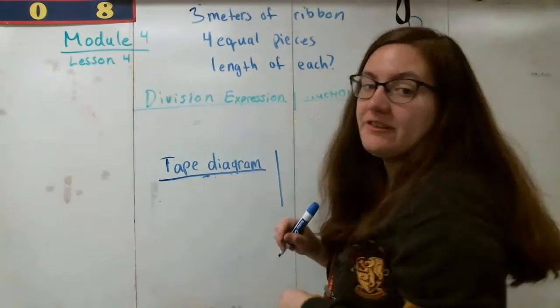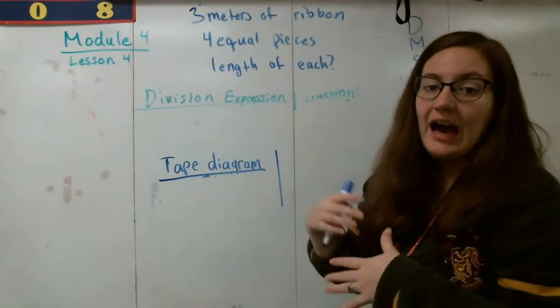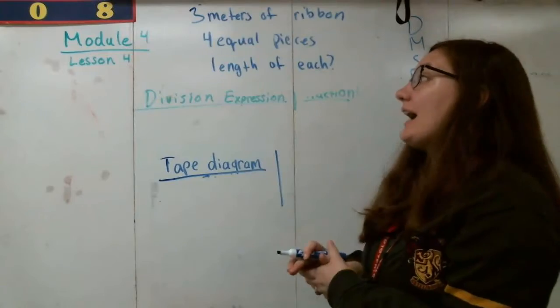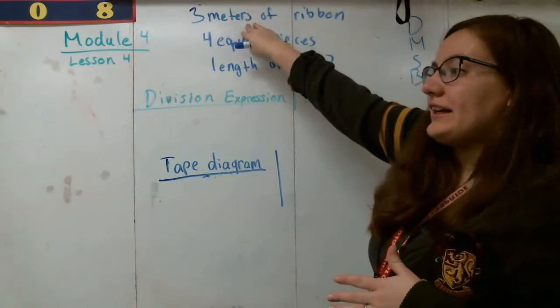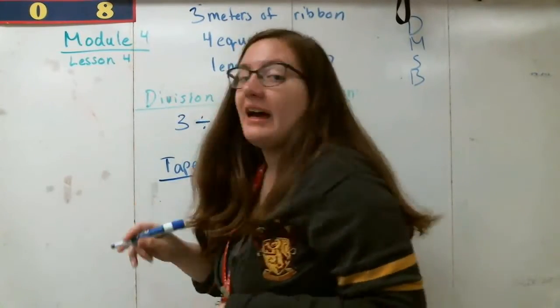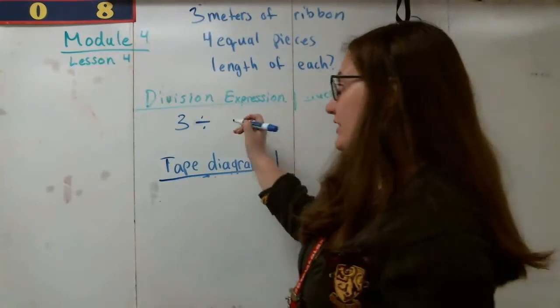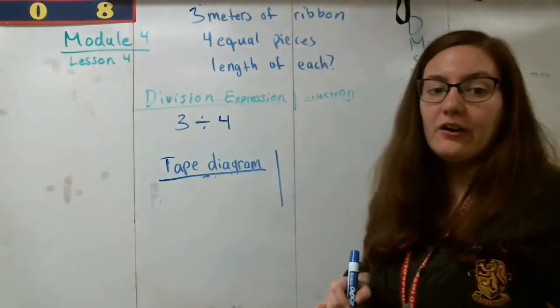To make our division expression, I'm first going to see what am I dividing, and then how much am I dividing it by. So what am I dividing? I am dividing up this ribbon, so that would be 3 divided by, and then how much am I dividing it into? I'm dividing it into 4 equal pieces. So I have 3 divided by 4.